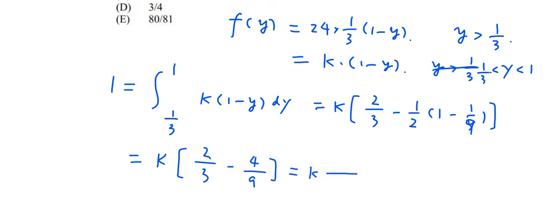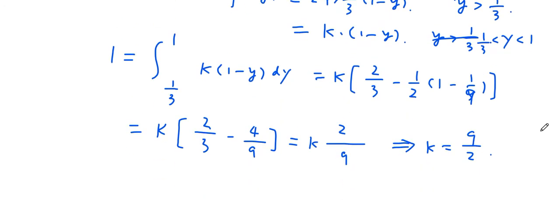So we can put this as 9, so this is 2, right? Yeah. So we can find k is 9/2. So we have the density function. Then what we need to find is easy, right?